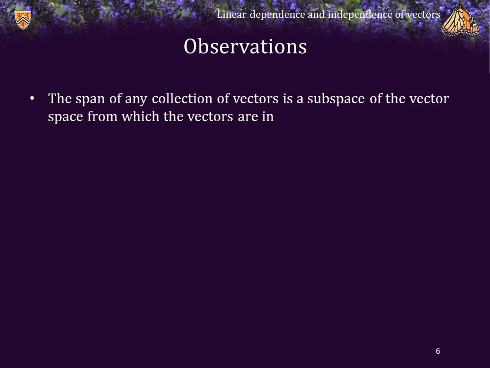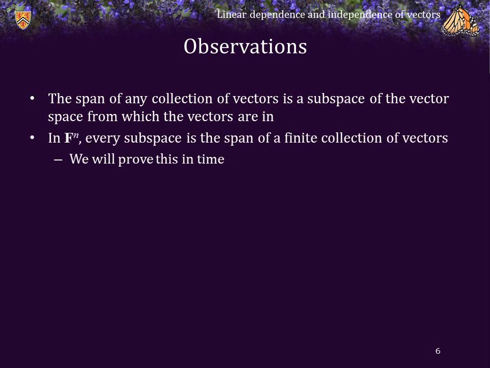Now, a few observations. The span of any collection of vectors is a subspace of the vector space from which the vectors come. In either R^n or C^n, every subspace is the span of a finite collection of vectors, and we will prove this in time.